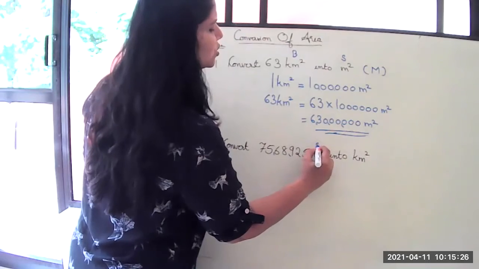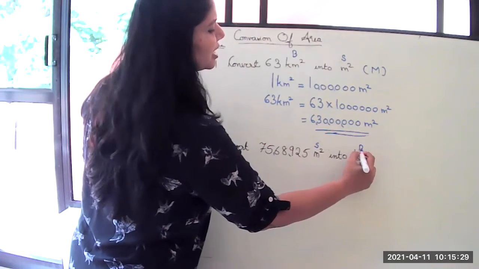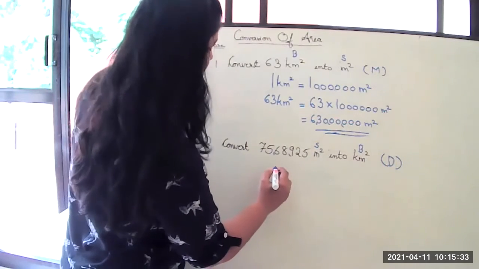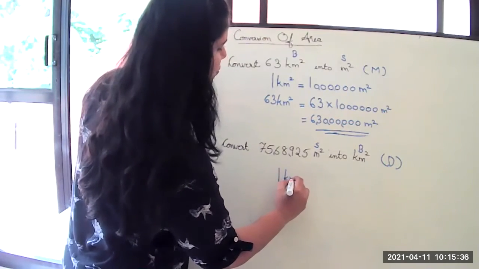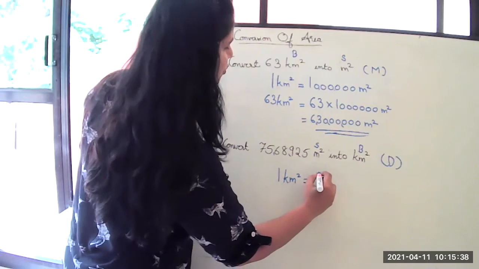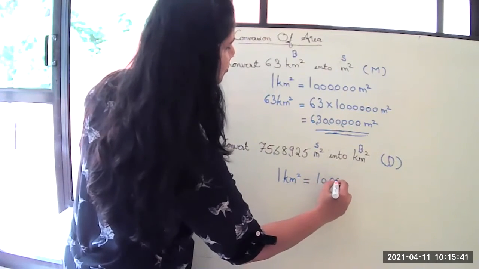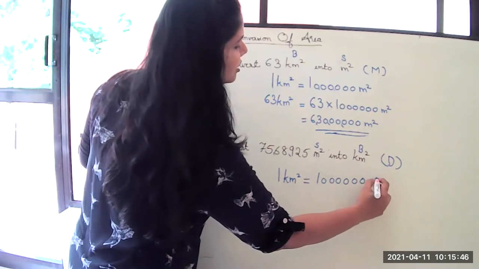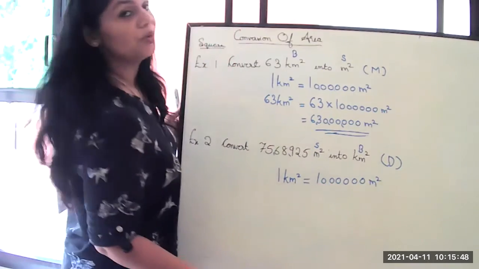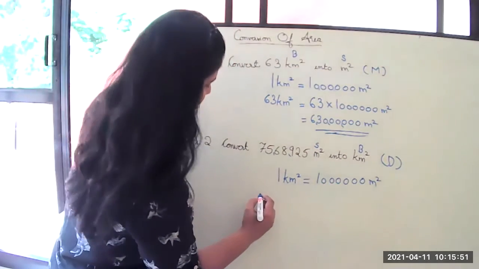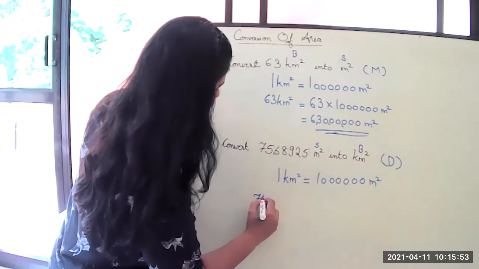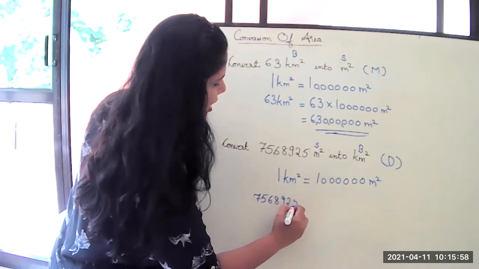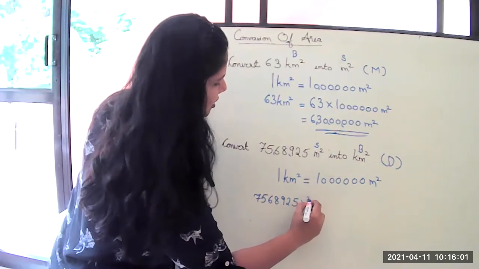So meter is a smaller unit and kilometer is a bigger unit. So you have to divide. Then 1 kilometer square is equal to 1, 2, 3, 4, 5, 6 meter square, that is 10 lakh meter square. Now let us write our question as it is, 7568925 meter square.